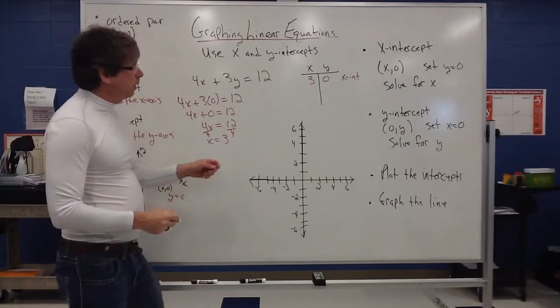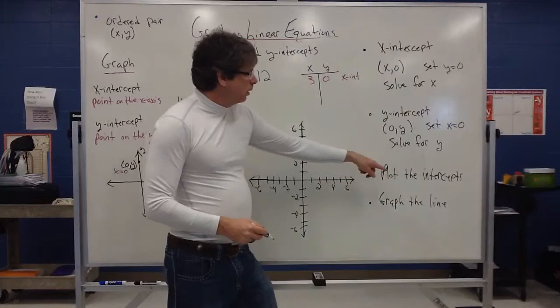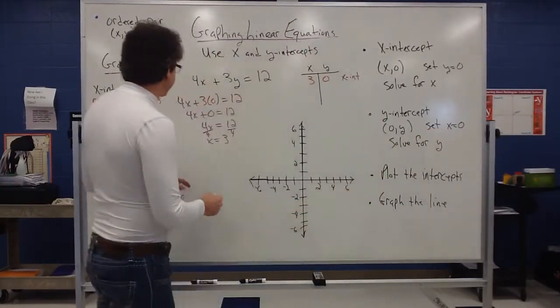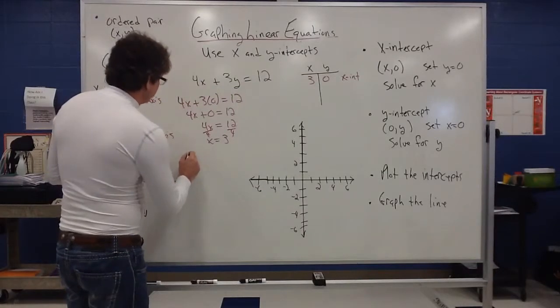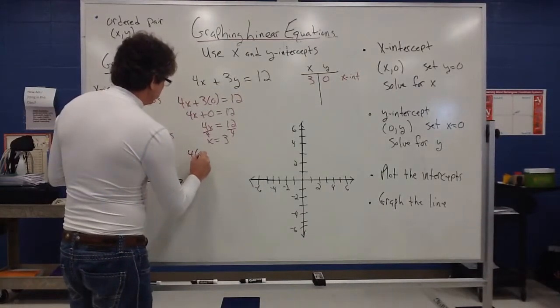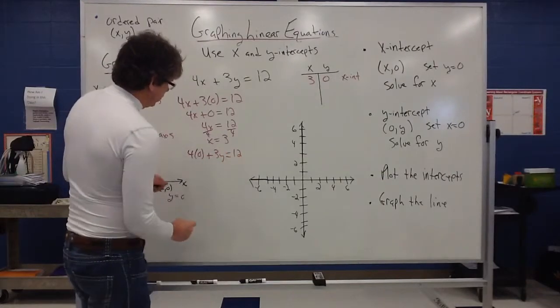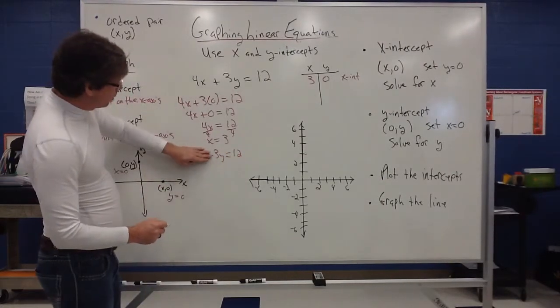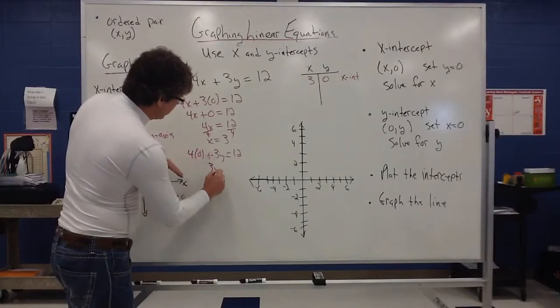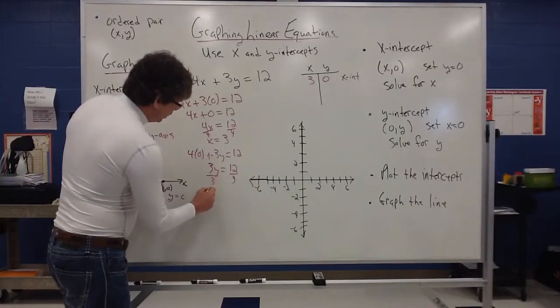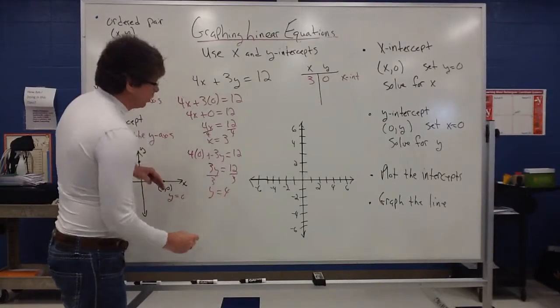Now, if I want to find the y-intercept, I'm setting x equal to 0 and solving for y. So I'm going to substitute in 0 for x: 4 times 0, plus 3y is equal to 12. We pick up on the fact that this is just going to fall out of the problem. So all I really have is 3y equals 12. Divide each side by 3, and y equals 4.